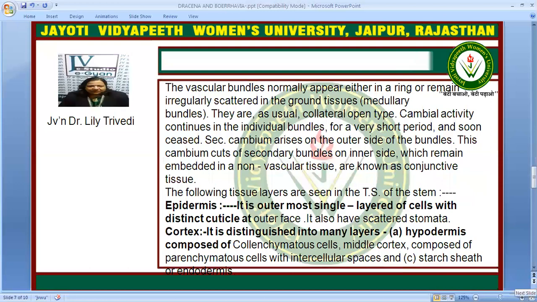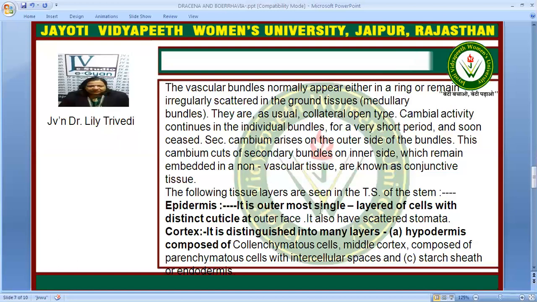Now, they are also called as medullary bundles. They are usually collateral and open type. The cambial activity continues in the individual cells and for a very short period. Now, these secondary cambium arise from the outer side of the bundles, and this cuts off secondary bundles on the inner side. Now, they remain embedded in the non-vascular tissue and are called as conjunctive tissue.